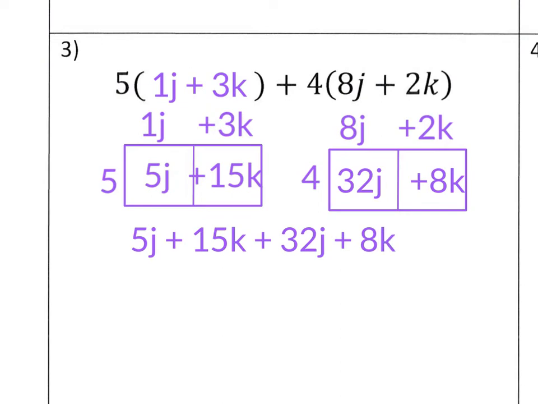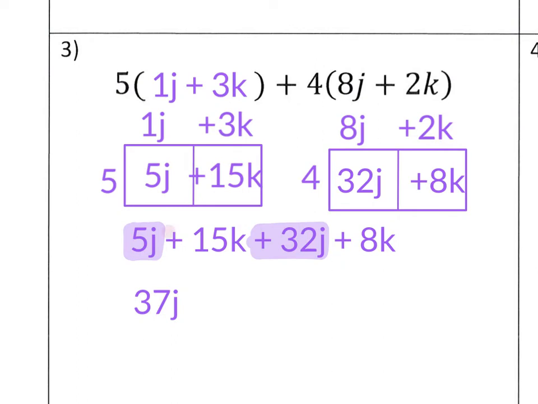The next step is to find any like terms. I see variables with both, so I need to go in alphabetical order to keep it in standard form. So I have the 5j, and then I have the plus 32j. So 5 plus 32, we can put in our calculator, and that gives us 37j. And then I'm looking at my like terms again.